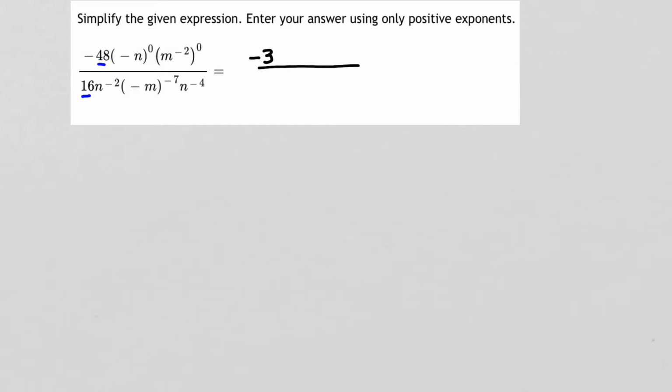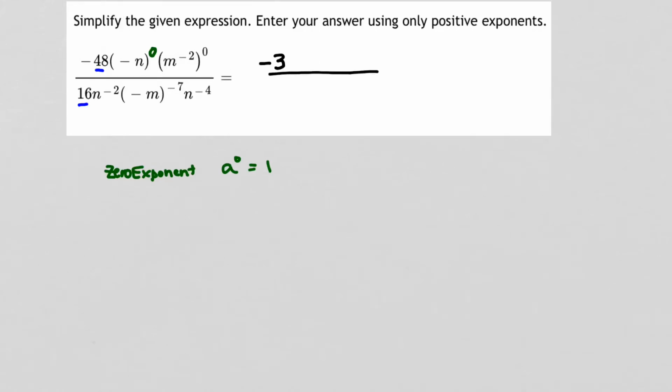Remember, we have a rule for zeros, namely, any variable to the 0th power equals 1. Let me just write that rule down. For the 0 exponent, anything raised to the 0 power is equal to 1. That means that in the numerator, negative n to the 0th power is just 1.